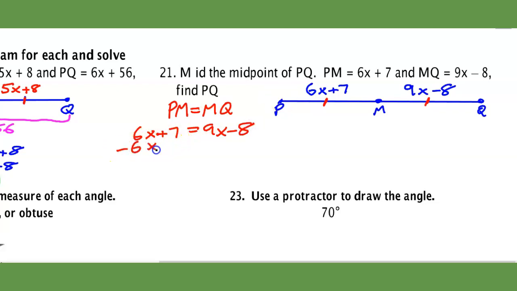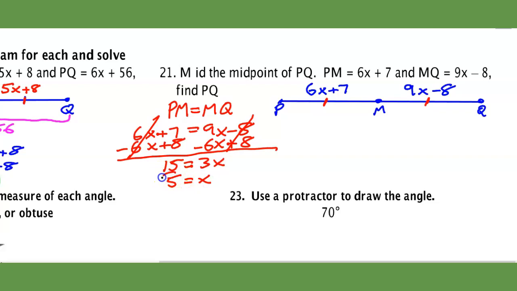So let's go ahead and solve. We'll have 15 equal to 3x, and that means 5 will be x. And we're trying to find PQ, which is this entire length here.